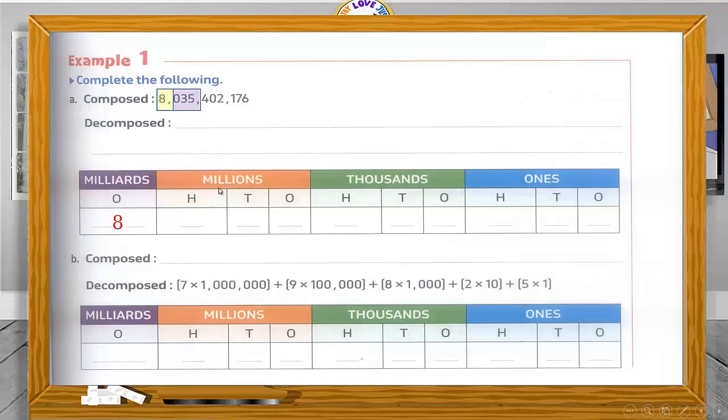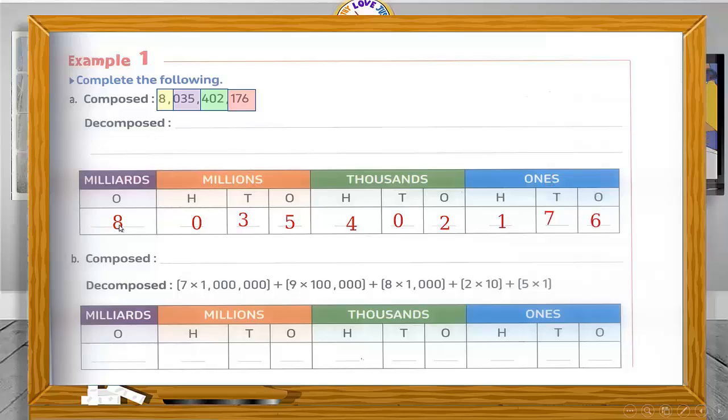In the second period, the millions place, we have 3 digits: 0 in hundreds, 3 in tens, 5 in ones. In the next period, 402: 4 in hundreds, 0 in tens, 2 in ones. Last period, 176: 1 in hundreds, 7 in tens, 6 in ones.